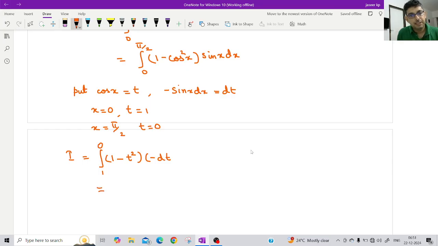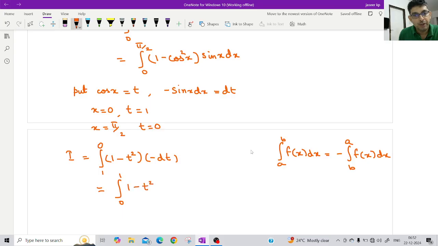Minus dt. So now integral a to b f of x dx equals minus of b to a f of x dx. So if you interchange the limits, there will be a negative sign. So that means this is same as integral 0 to 1 of 1 minus t square dt.